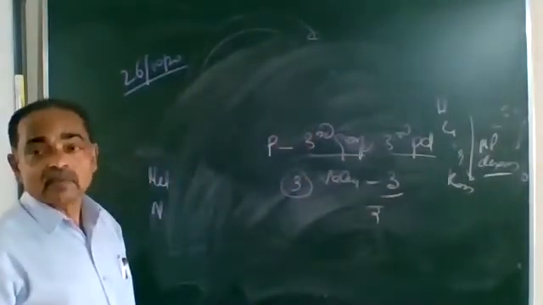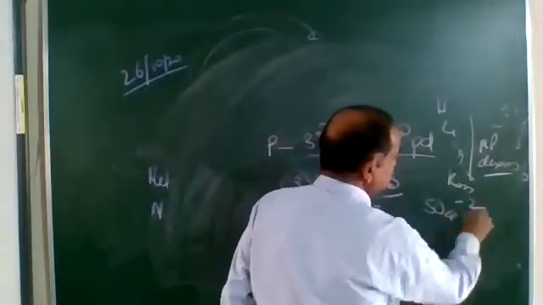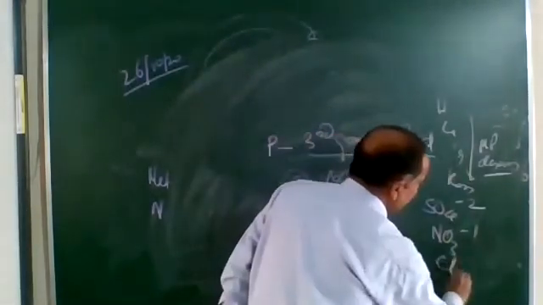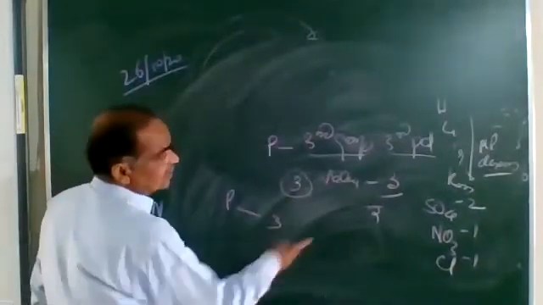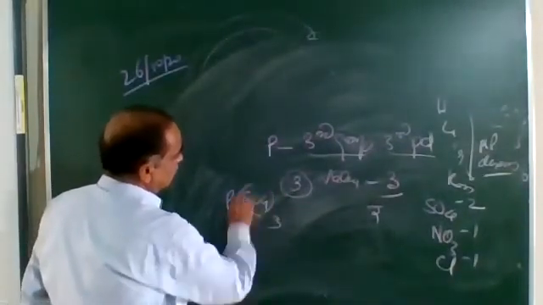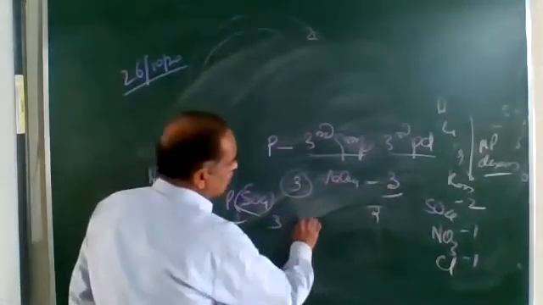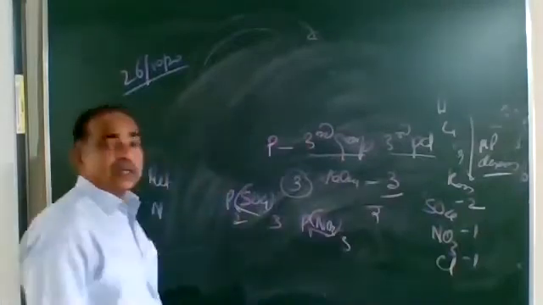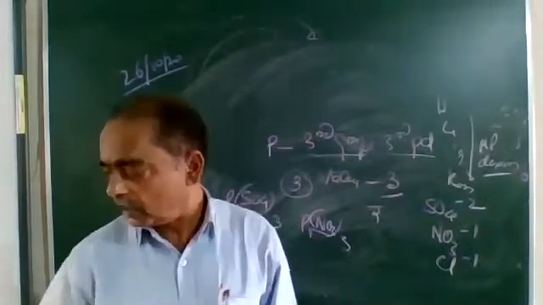Understood? Sulfate is SO4, whose valency is 2. Nitrate, NO3, whose valency is 1. And chloride, whose valency is 1. So, the valency of P is 3 and sulfate is SO4, so the formula of the compound would be P2(SO4)3. Similarly, the valency of P is 3 and nitrate is 1, so the formula will be P(NO3)3. Understood? So, this is a method of asking the question. Clear?